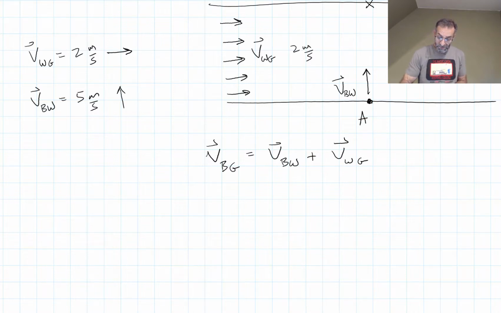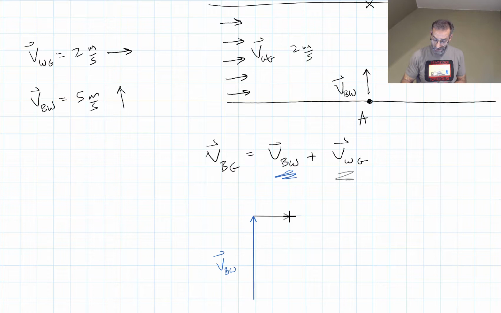So first I'll get my blue pen out and I'll draw a vector for the velocity of the boat with respect to the water. That has a length of 5. Then I'll get my gray pen out and I'll draw the velocity of the water with respect to the ground. That has a length of 2.